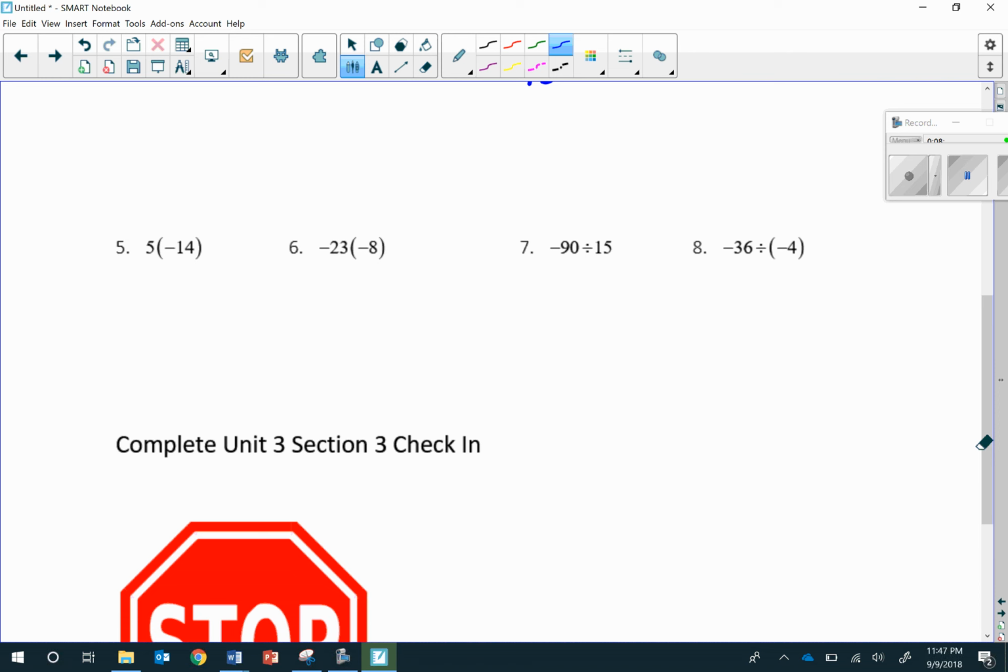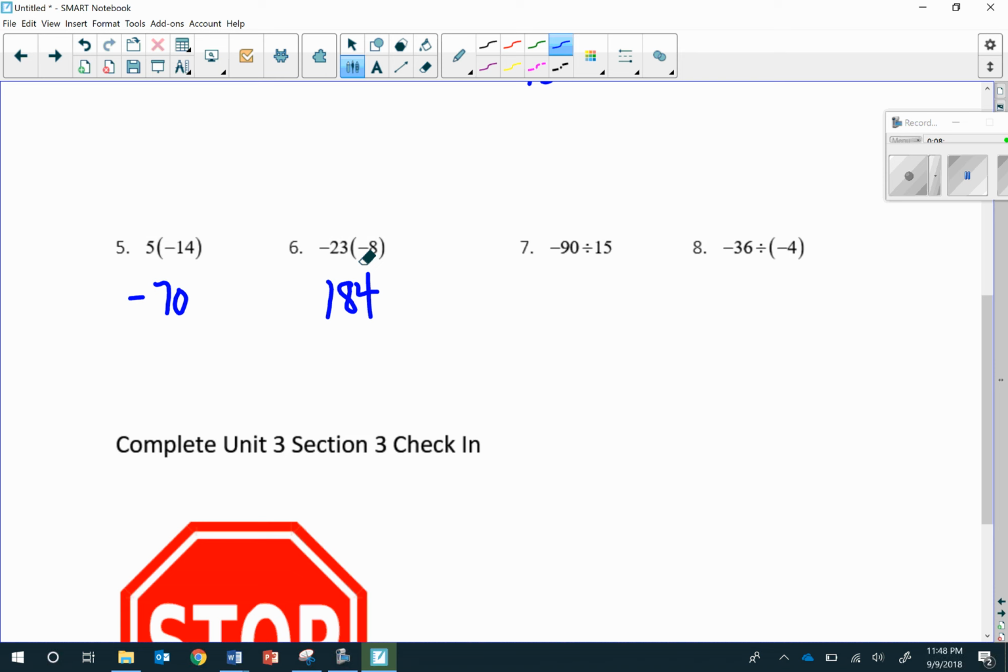Looking at number 5, we have a positive and a negative, so we know when we multiply these together, our answer is in fact going to be negative, and when we multiply these together, we get negative 70. Number 6, we have a negative times a negative, so we know our answer is going to be positive, and when we multiply these together, we get positive 184.